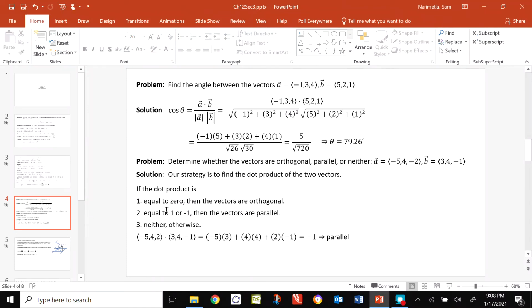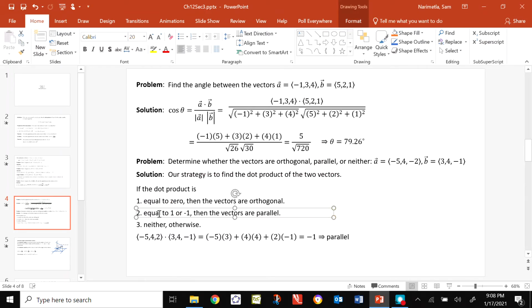Sorry, folks. If it is equal to the product of the magnitudes of the vectors, then they are parallel.